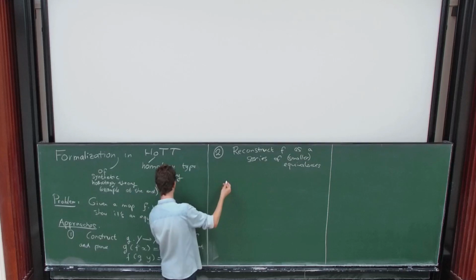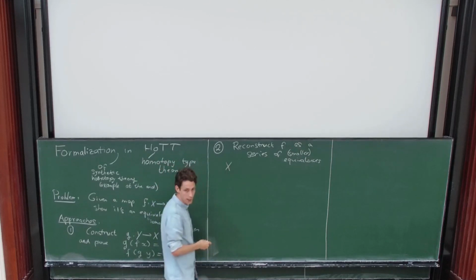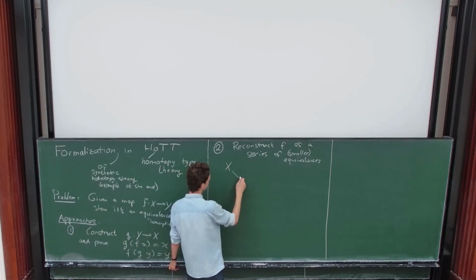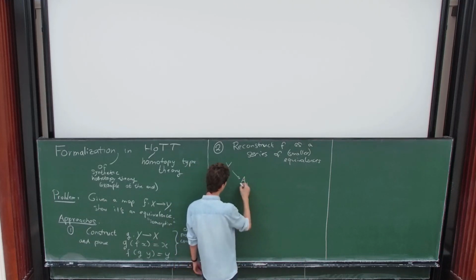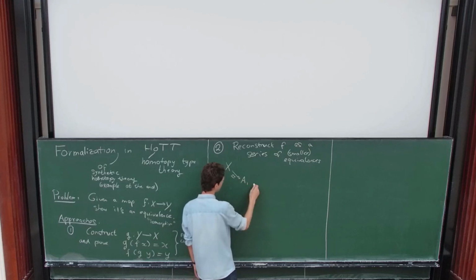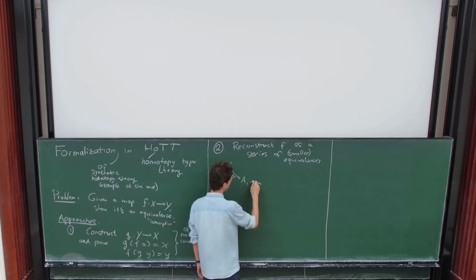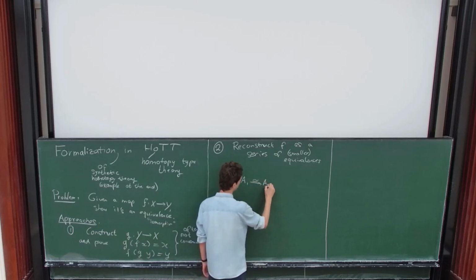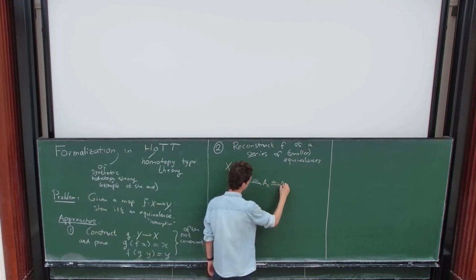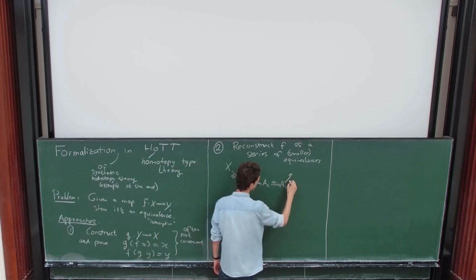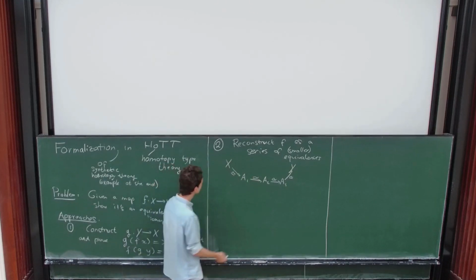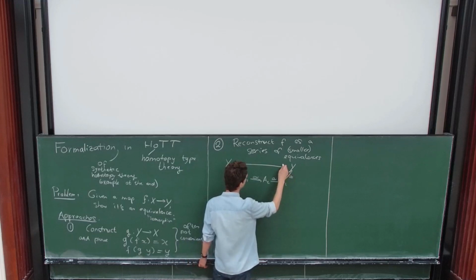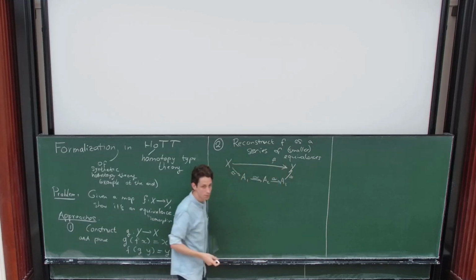Right, so you start with X, and then maybe instead of going directly to Y, you go into some A1, and you know that this map is an equivalence, and then you go down here, A2, and then maybe another one, A3, and then finally you go back into Y like this, okay? And then you have F here.